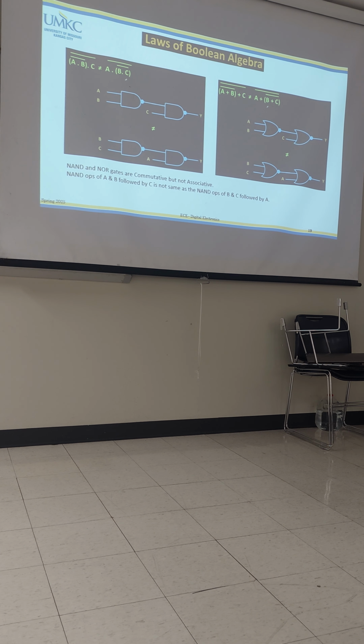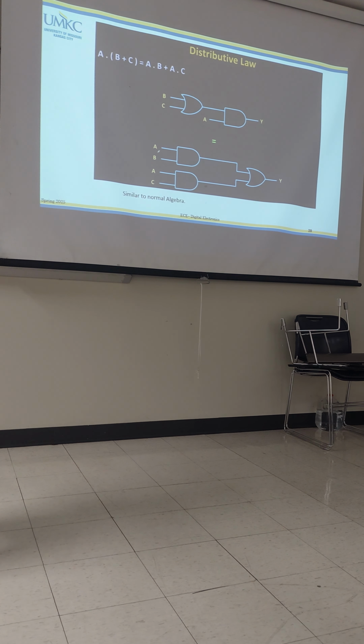But if you take the output of A and B NAND gate, then give it to C in a second NAND gate, it will not be the same result. That means it will not follow the associative law. The NAND and NOR gates will not follow the associative law. So NAND and NOR gates are commutative but not associative. So the NAND operation of A and B followed by C is not the same as the NAND operation of B and C followed by A. It will not be the same.